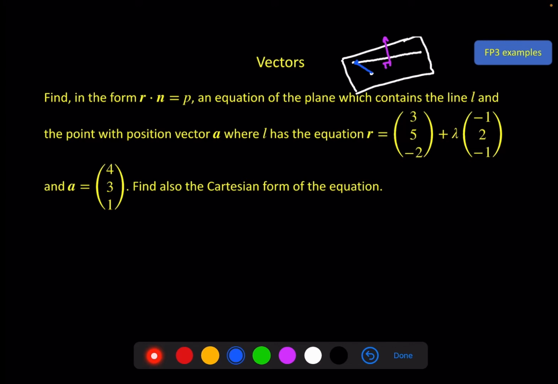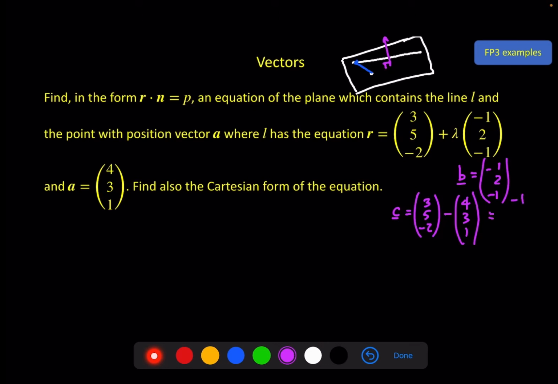Okay, let me do that first. So we've got, let's call this B, and then I'm going to call the second one C, and that will be the difference between (3, 5, -2), the point on the line, and the other point we're given, (4, 3, 1).